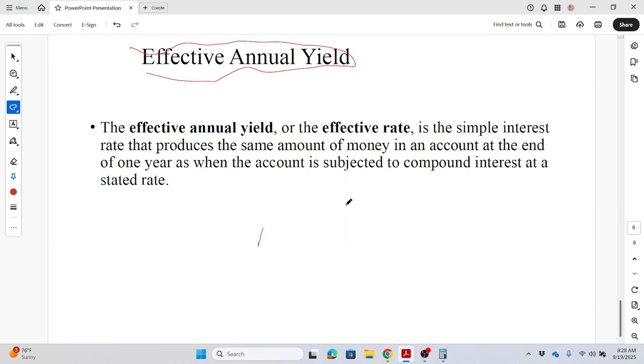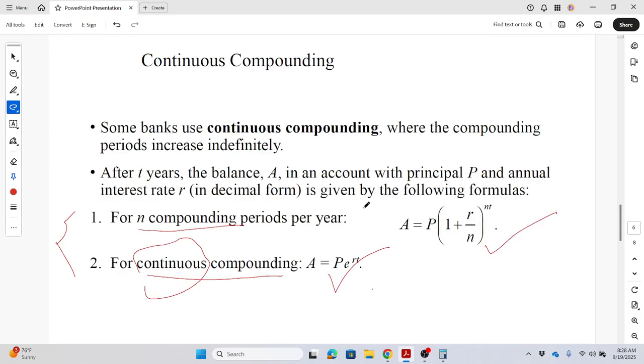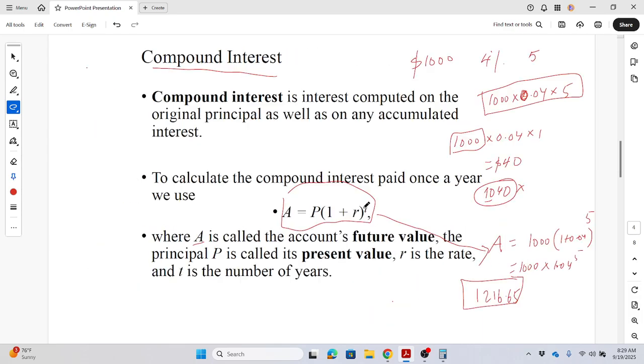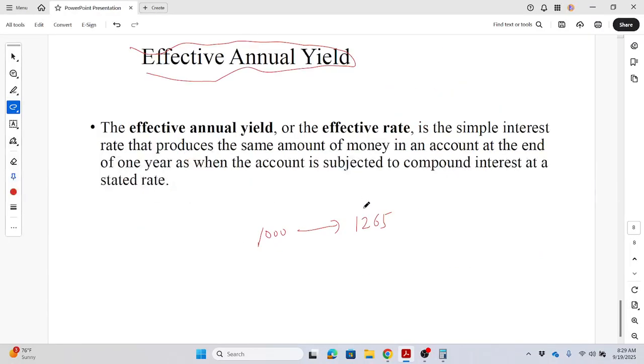So this means this $1,000 becomes $1,216.65. To get this, we use a compounding yearly package with 4% interest rate for 5 years.